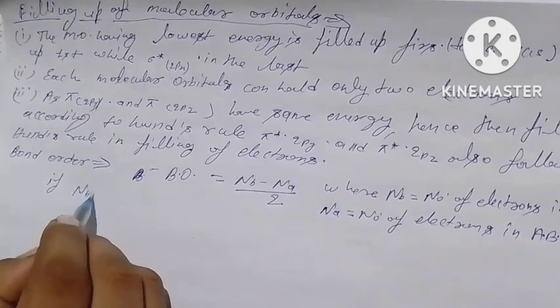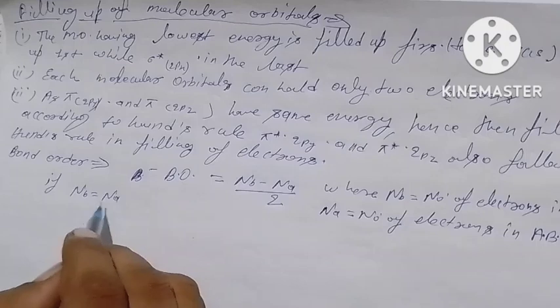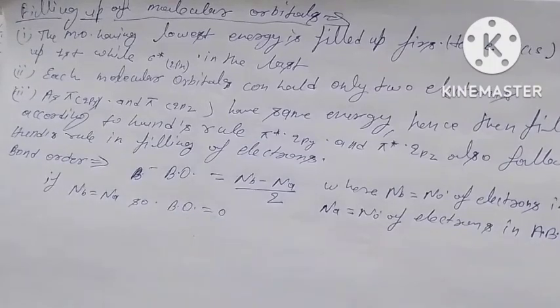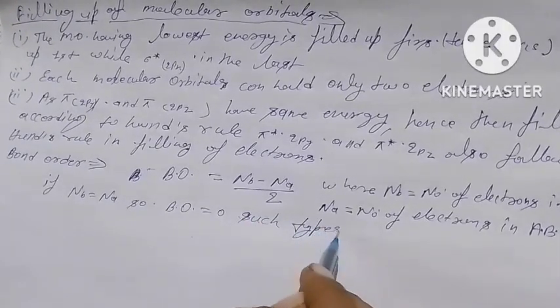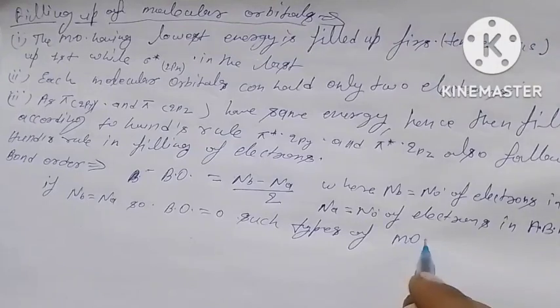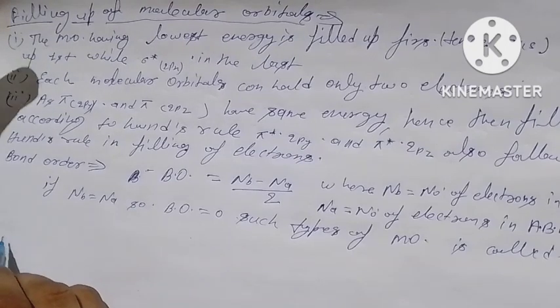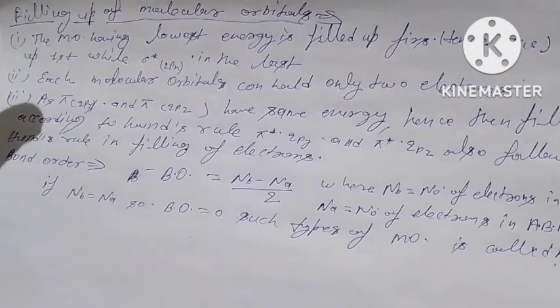If Nb equals Na, that means the number of electrons in BMO is equal to the number in ABMO, so bond order equals 0. Such molecular orbitals are called NBMO, non-bonding molecular orbitals.